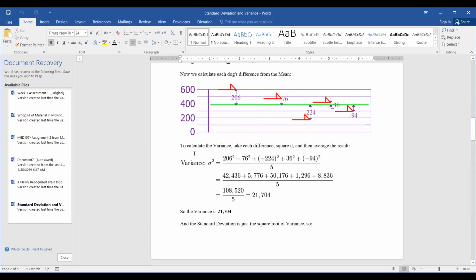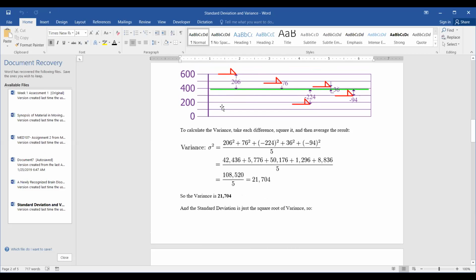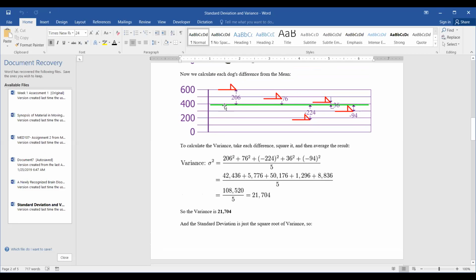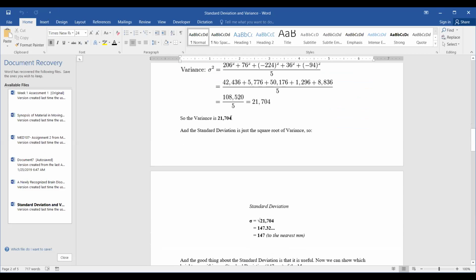If we look at each of them, calculating each one's difference from the mean, which is just under 400, we find that we have some negative numbers and some positive numbers, but those are gotten rid of by squaring, so that we have this rather large number.